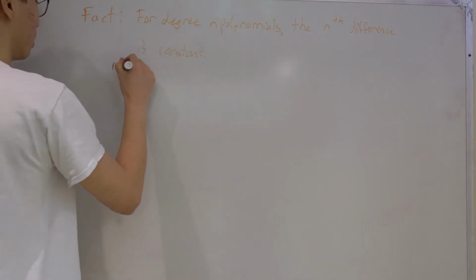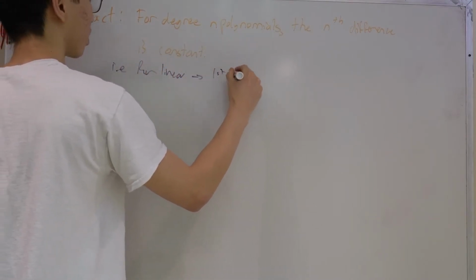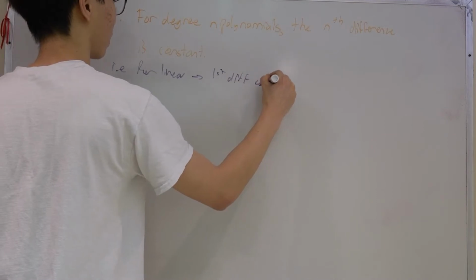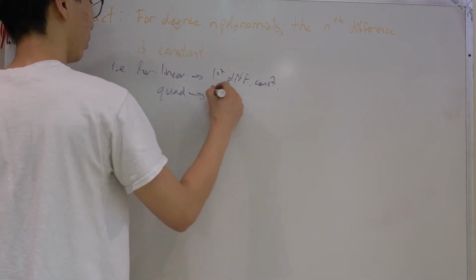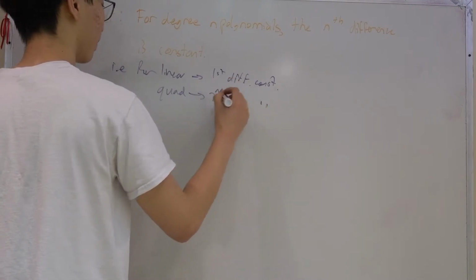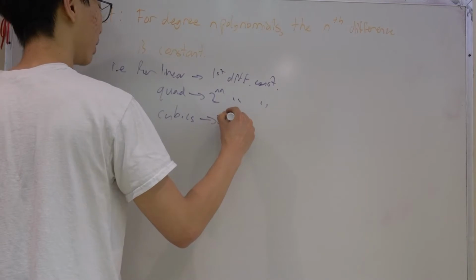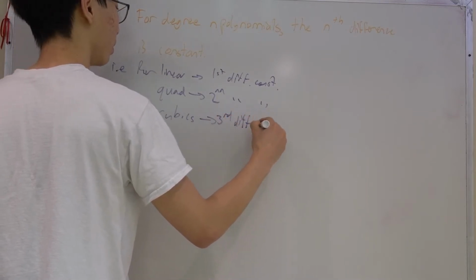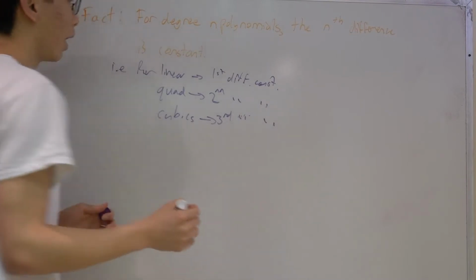I.e., for linear, the first difference is constant. For quadratics, we have the second difference constant. And for cubics, we have the third difference constant. And so on.